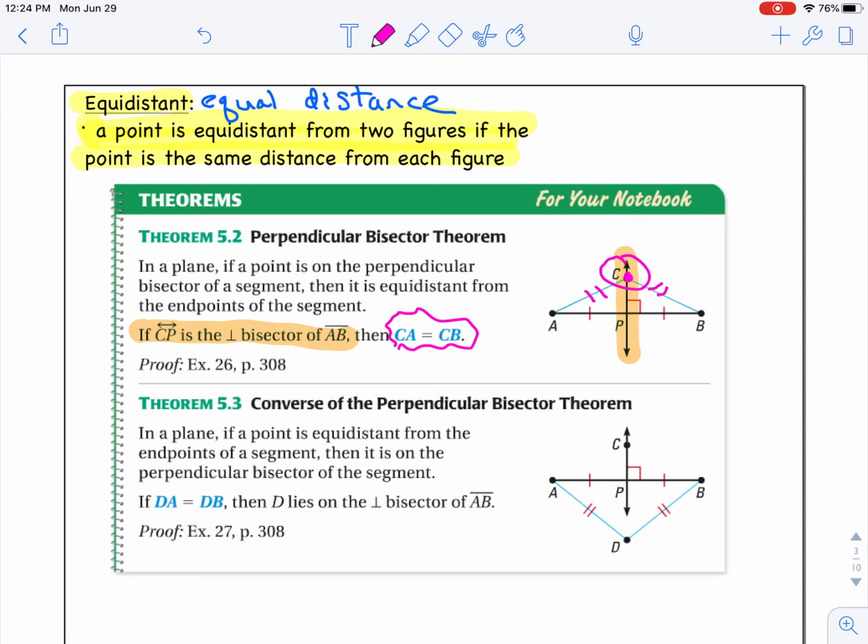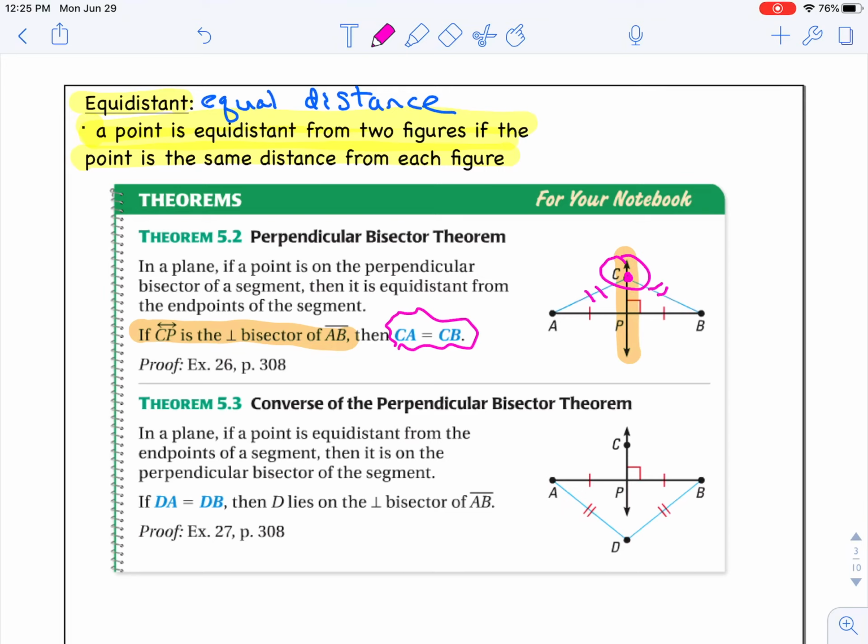So that means that CA is equal to CB. The distance between points C and A is the same as the distance between points C and B. So if you know a point is on the perpendicular bisector, then it's the same distance to the endpoints of the segment it's bisecting. That's what the perpendicular bisector theorem says.